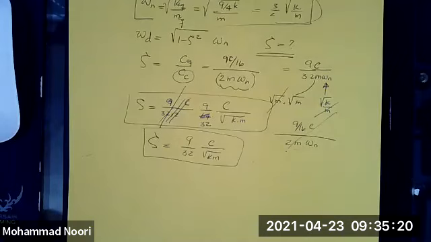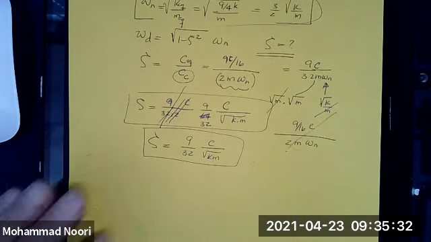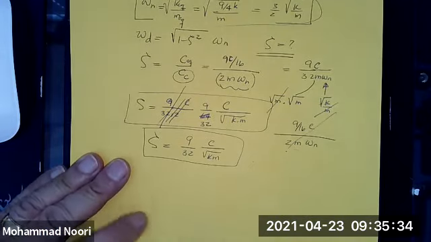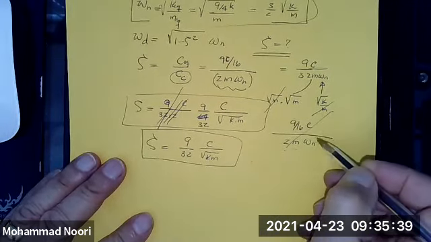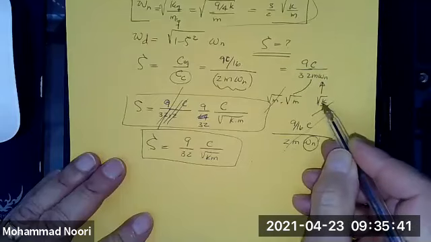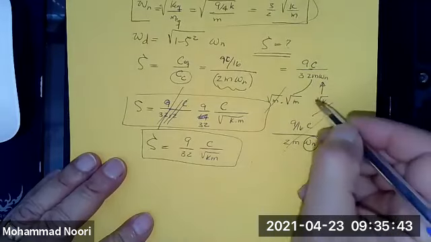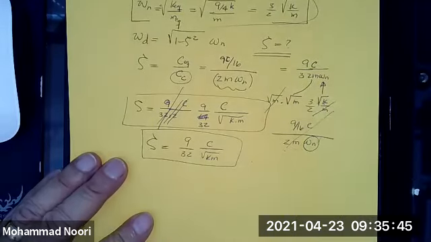For some reason, when I did this, I have in my notes 3 over 16. Oh, I know what happened. You didn't catch me. You see, that's not the only mistake I made. Omega n was not this. Omega n was square root of 3/2 of k over m, right?